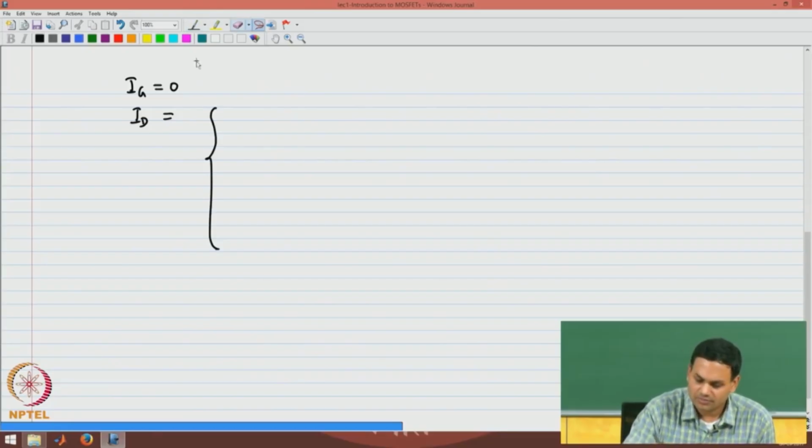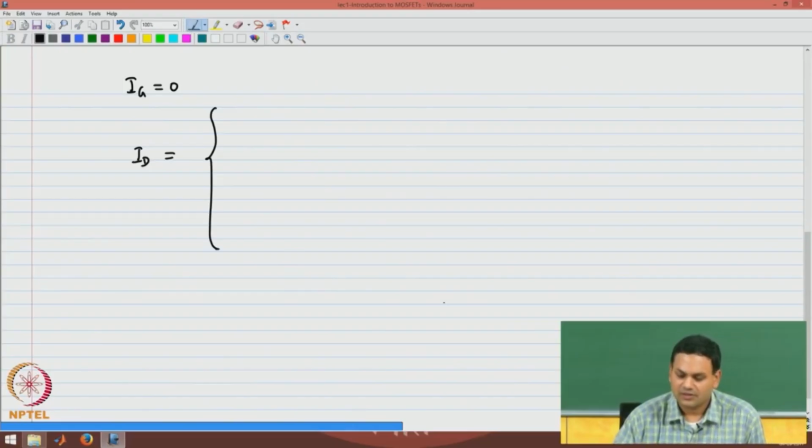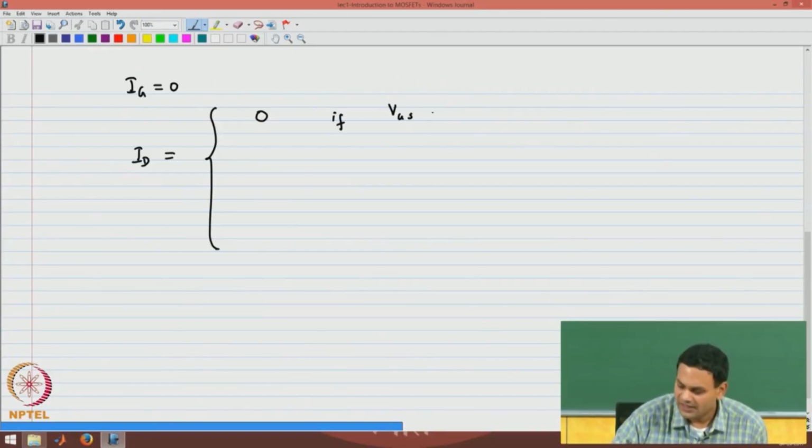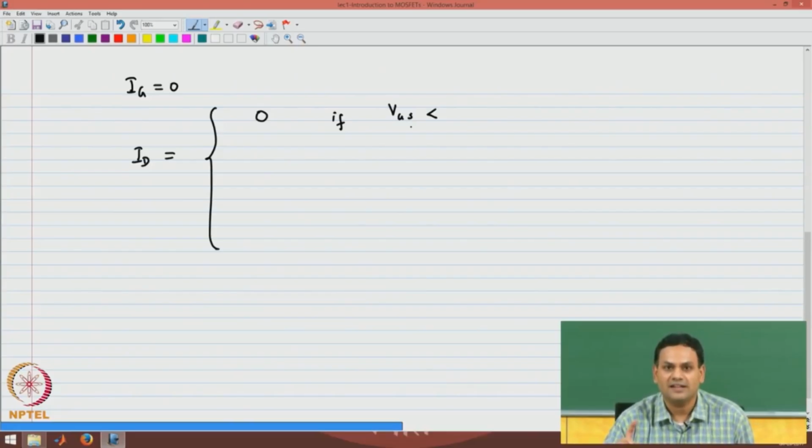First of all, the MOSFET does not conduct if the gate source voltage is smaller than a specific value called the threshold voltage. We will denote that by Vt, V subscript T. Okay. So, if the gate source voltage is smaller than the threshold voltage, the device does not conduct.